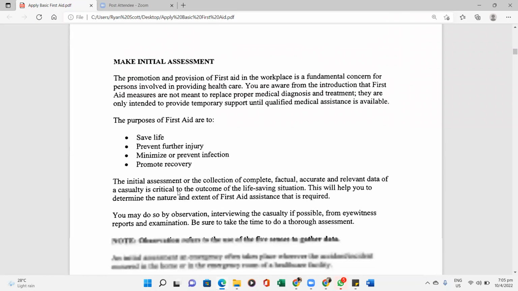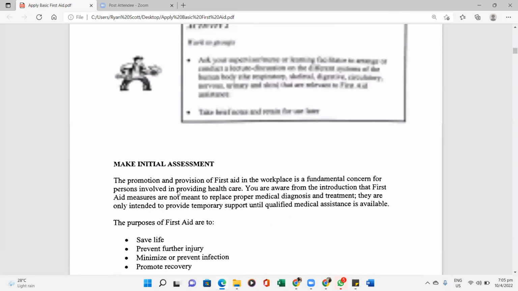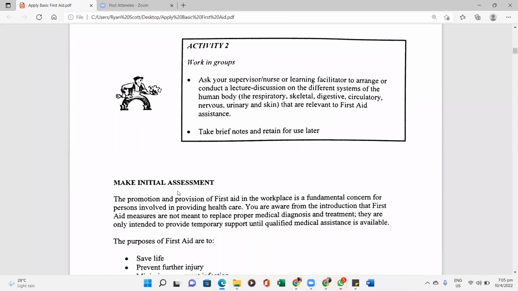Okay, stop. You can stop, go up. All right. It says, ask your supervisor or nurse or learning facilitator to arrange and conduct a lecture discussion on the different systems of the body. I believe we went through this already, remember?